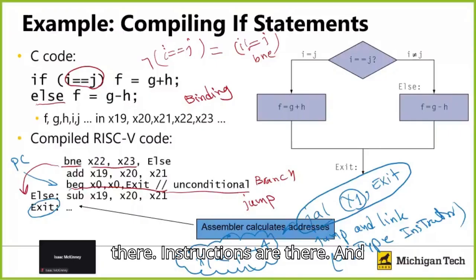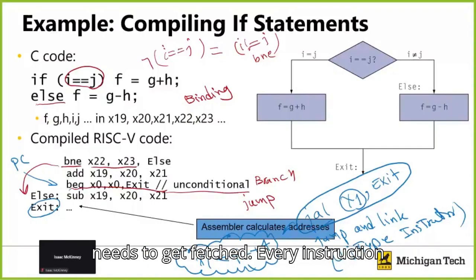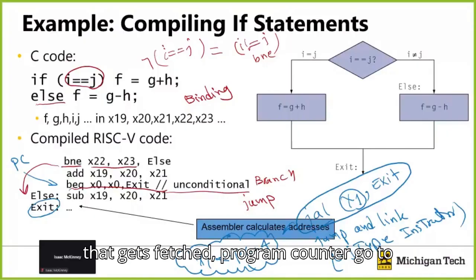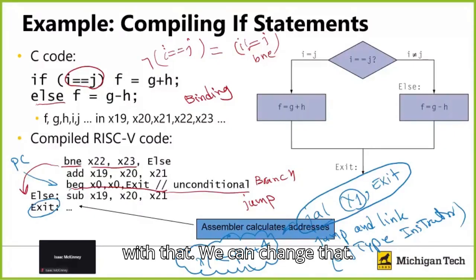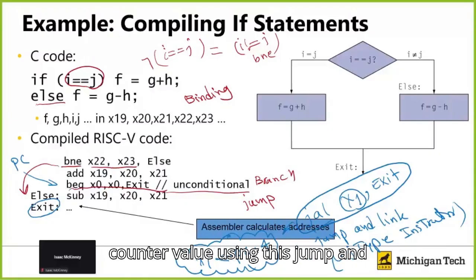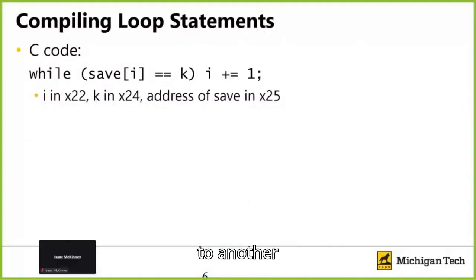Those instructions each have an address in this memory, and the program counter specifies which instruction needs to be fetched. Every time an instruction is fetched, the program counter goes to the next instruction. But we can play with that, we can change it, or we can save the program counter value using this jump and link instruction.